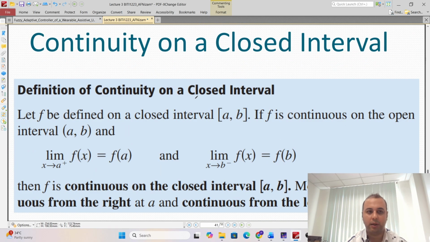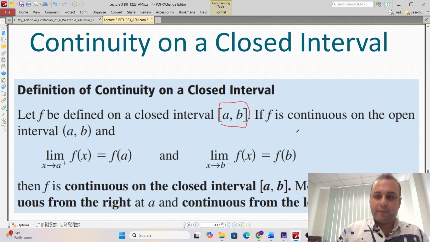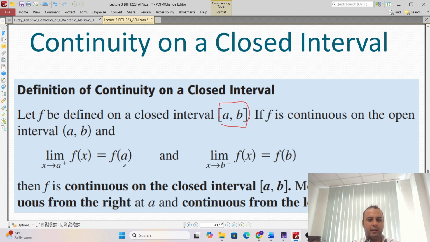Continuity on the closed interval. Definition of continuity on the closed interval. Let f be defined on the closed interval, meaning there is a range for f. f is continuous on the open interval if the condition holds; for example, this is A and B. f should be continuous from here and here, like this.